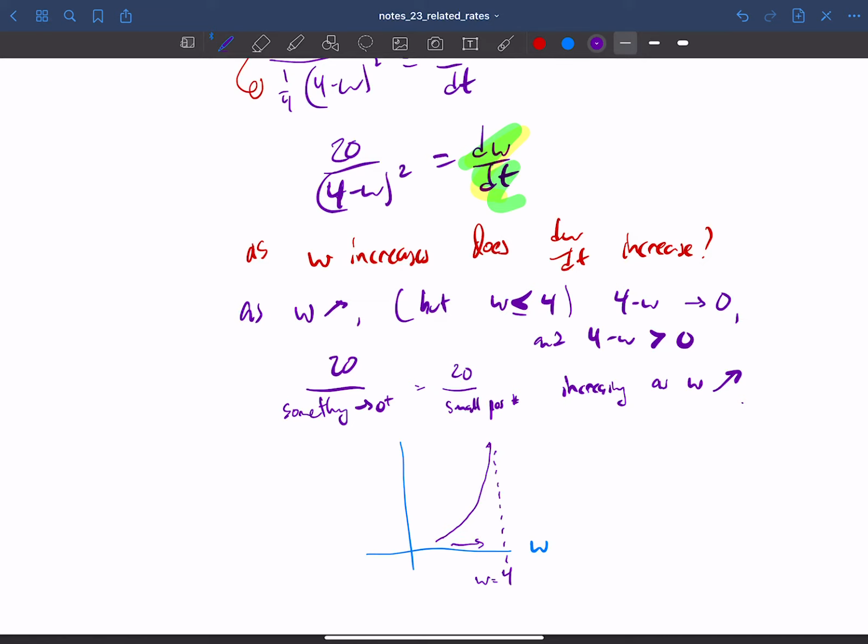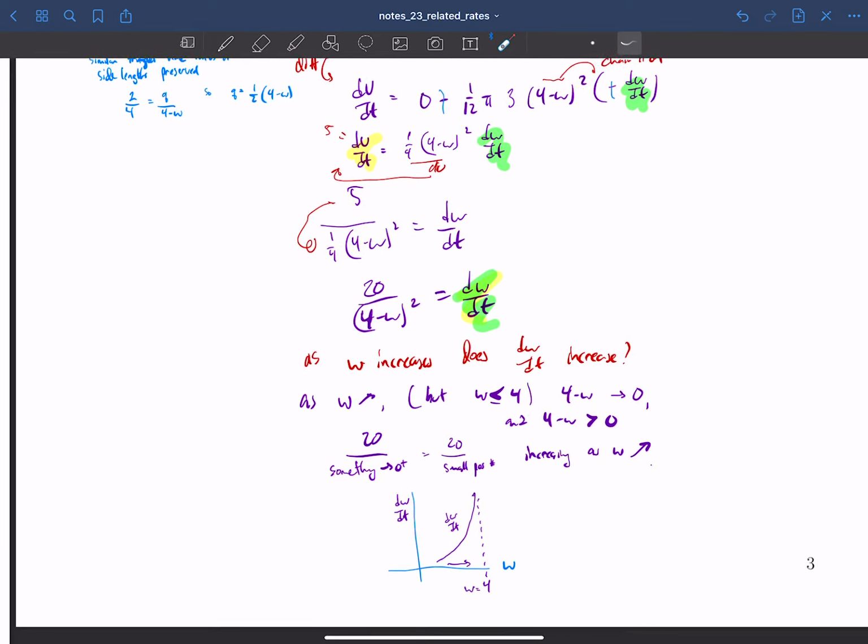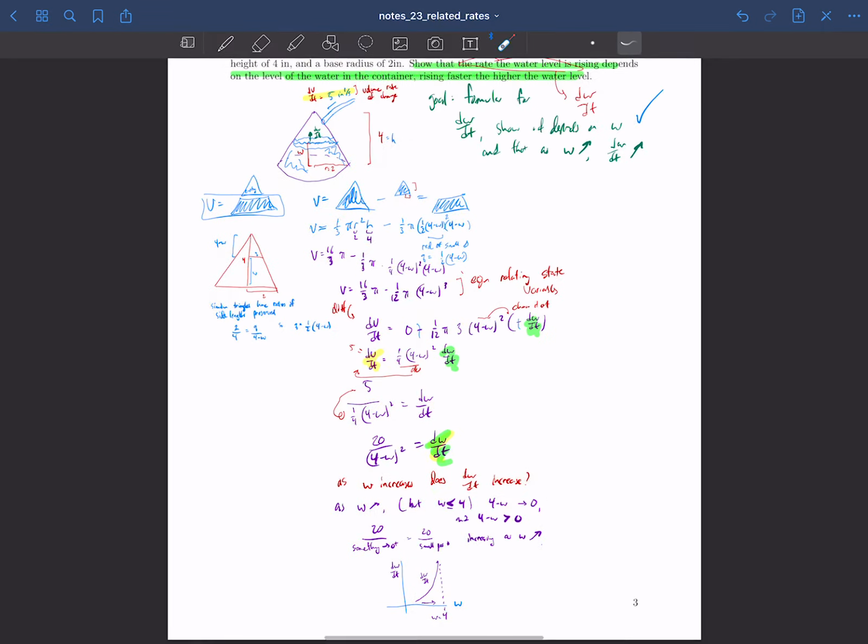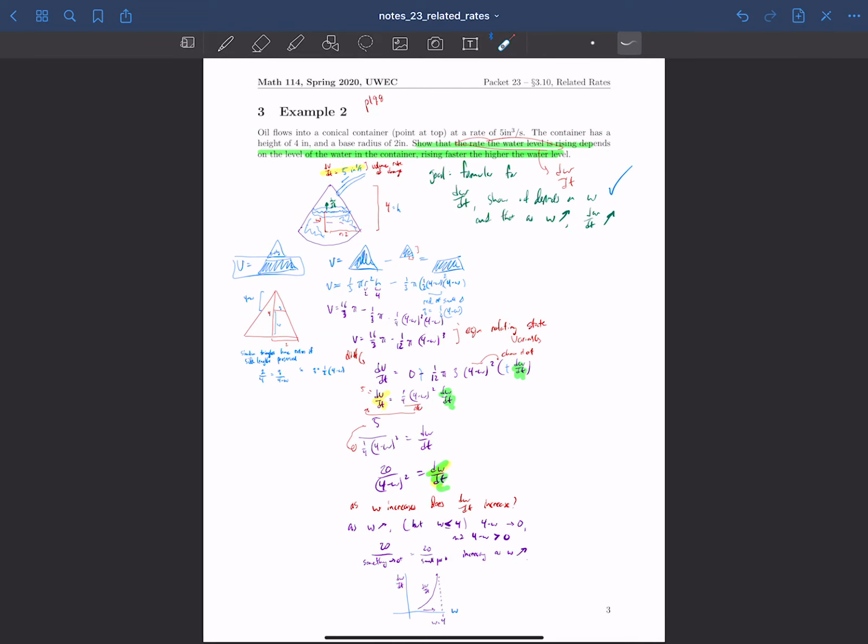So as w increases, and we're plotting dw dt on this axis, this curve itself is dw dt. As w goes to the right, this curve goes up. So yes, this is increasing as w increases. And I think that about covers that. Pretty different in character from the first problem, but kind of similar. Let's do one more.